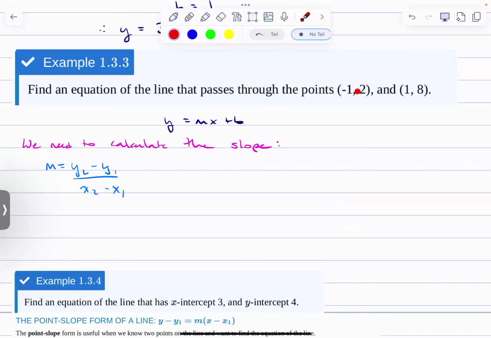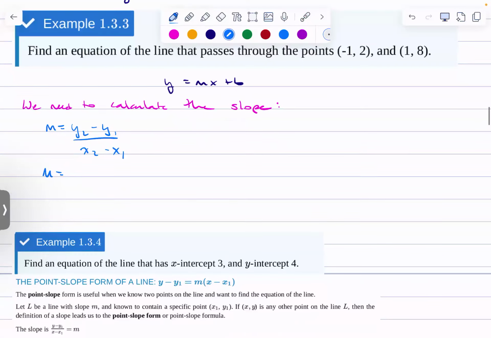As always, it doesn't matter which point you force to be point 1 and point 2, right? As long as you're consistent, you don't want to be mixing them up. But I usually just let the first one be point 1 and the second one be point 2. It doesn't matter.